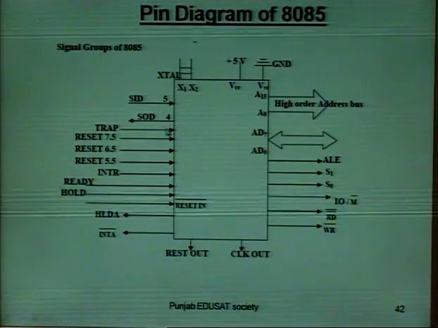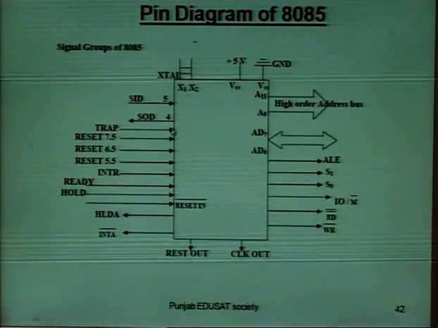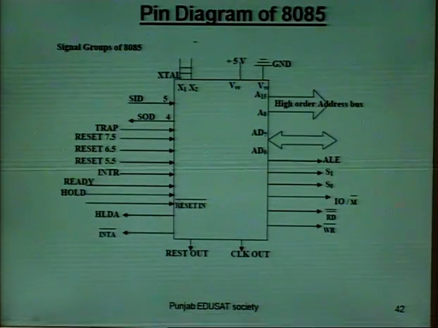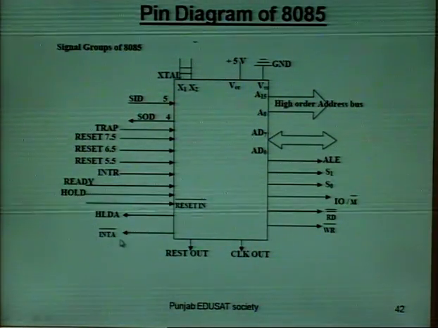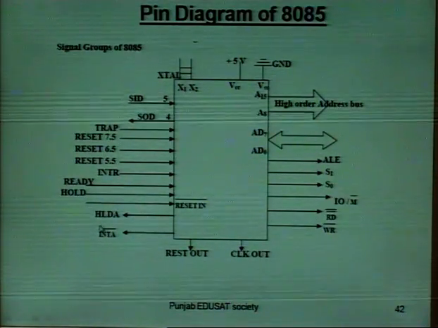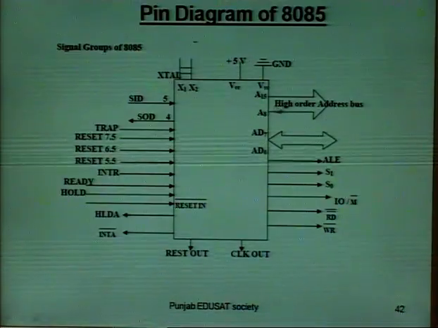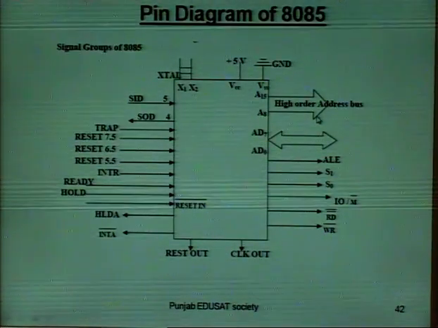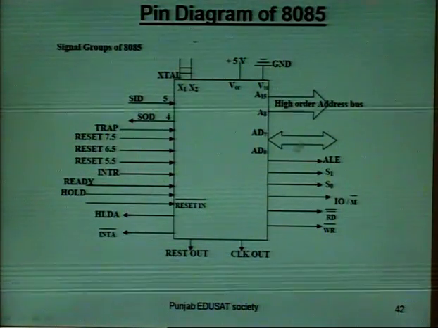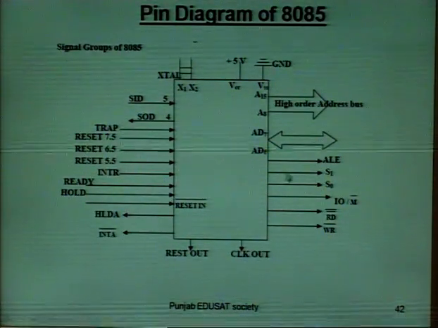Here we have shown with arrows which pin is an input pin and which is output. Interrupts are input pins, interrupt acknowledge is output and active low, hold is an input pin, hold acknowledge is an output pin. Then the high order address bus is unidirectional, these are output pins, the address and data bus are bidirectional.